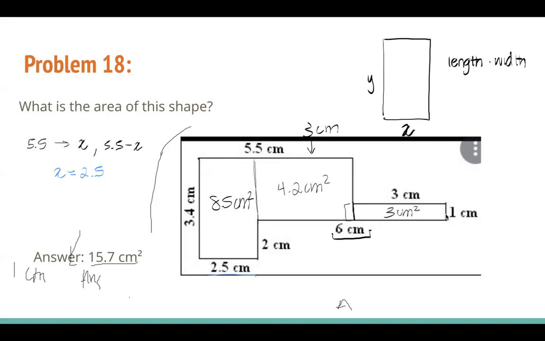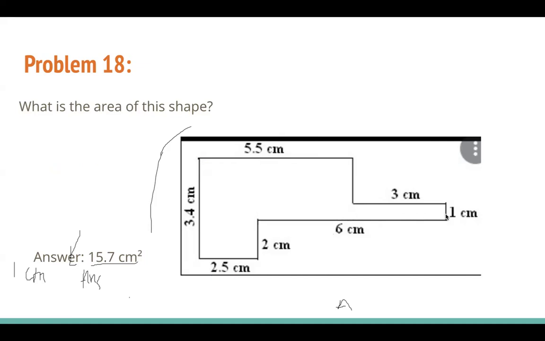So why don't we try a simpler shape? Maybe this will make some concepts clear. Okay, so ignore this big shape there. Let's talk about this one. We have a shape that looks like that, right?